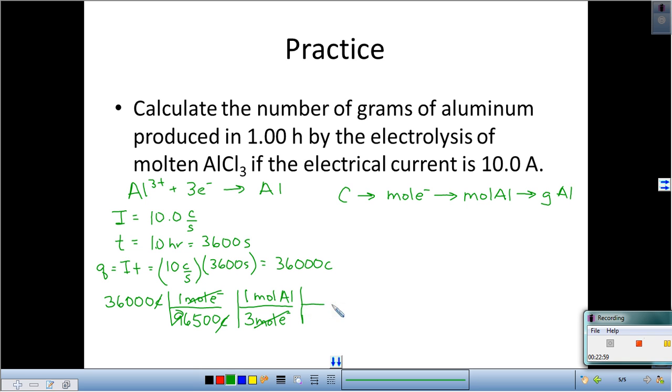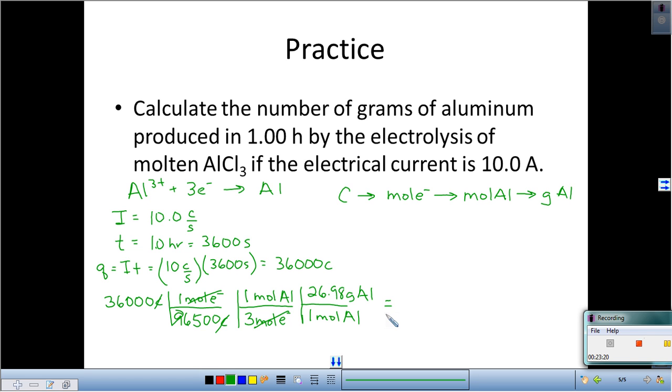And now I just need to go to grams, and for every 1 mole of aluminum, there are 26.98 grams of aluminum. Where did I get that number? It came from the periodic table. That's the molar mass of aluminum.